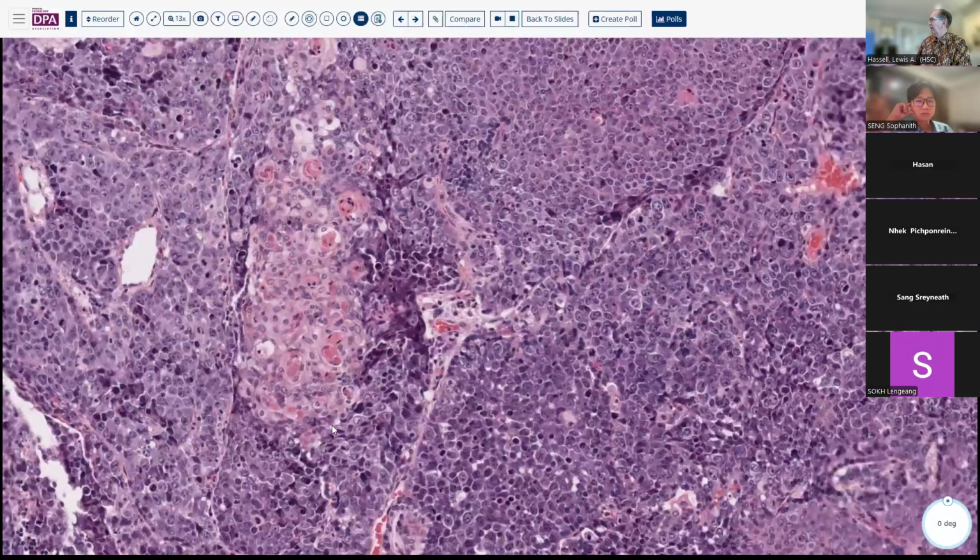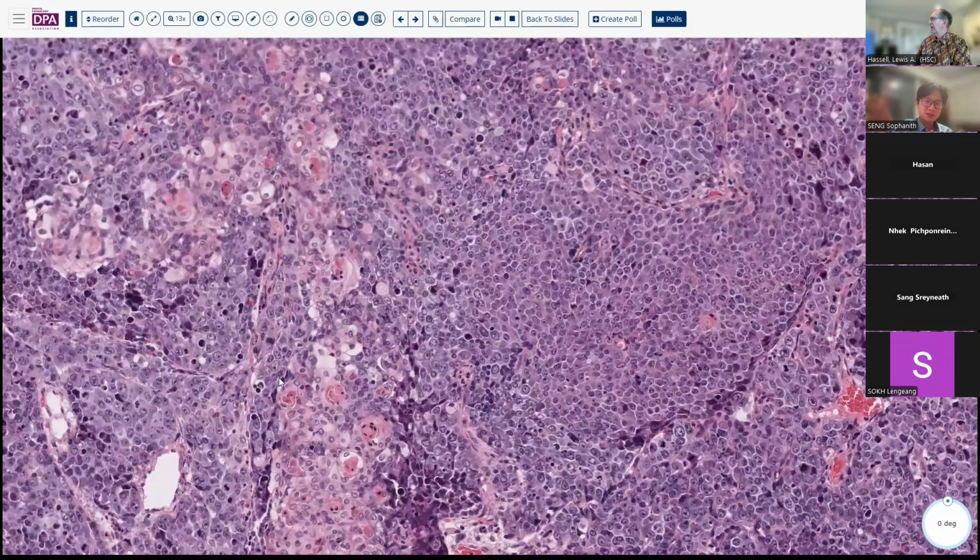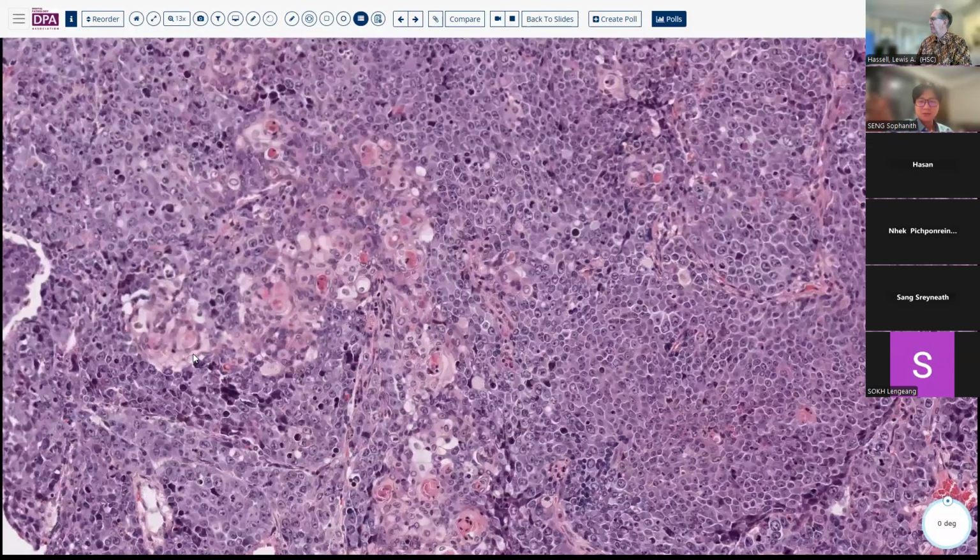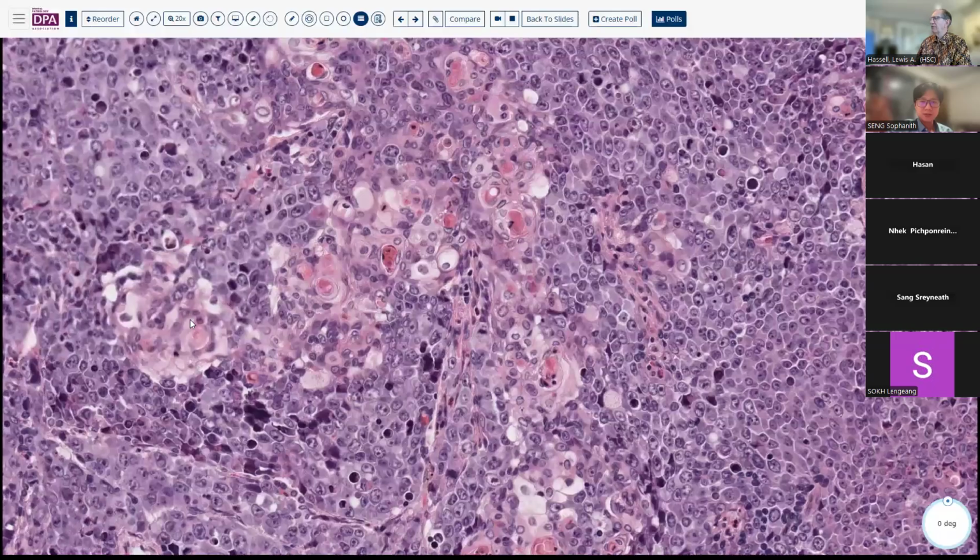Right here. So here we see undifferentiated tumor immediately juxtaposed with an area of fairly well-differentiated keratinization. And this is characteristic of a particular mutation-derived tumor.